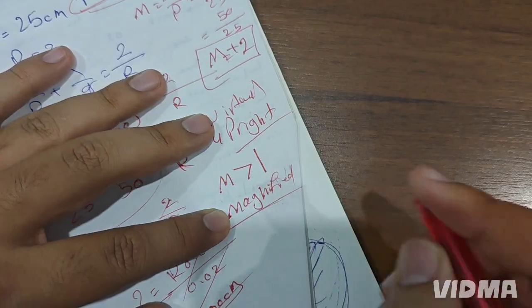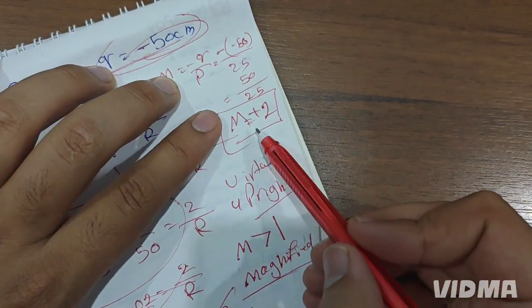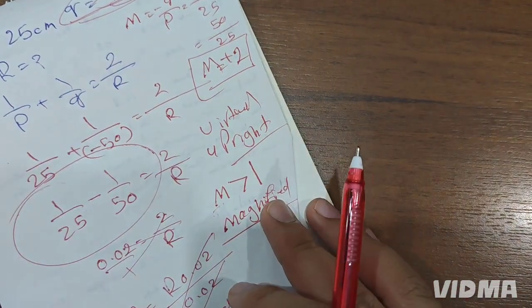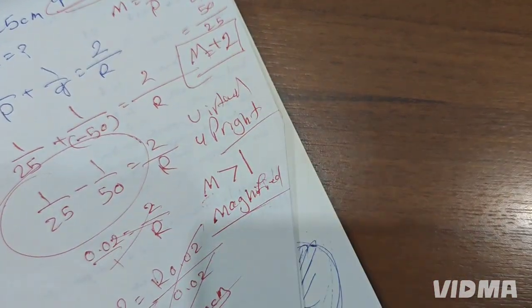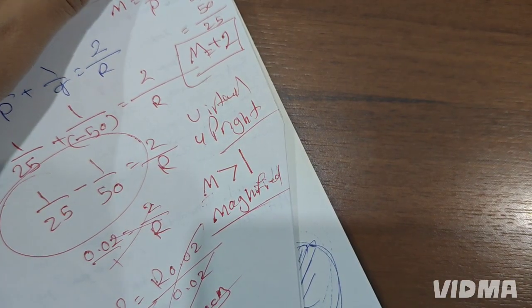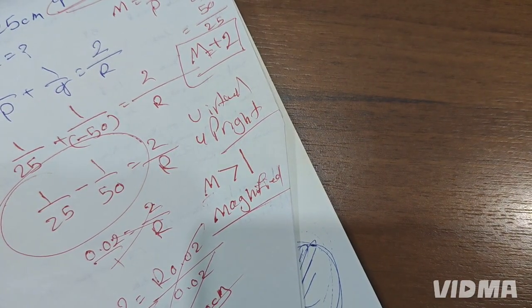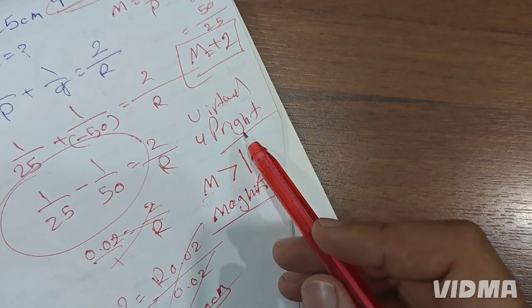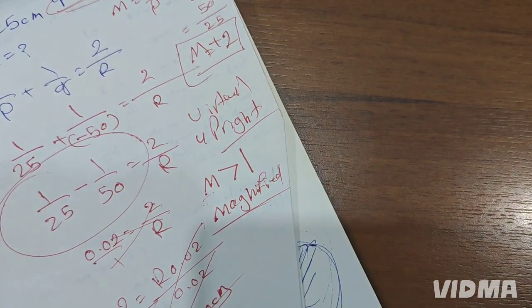Here, since we have 2, this is greater than 1, so the picture is magnified. So this one is upright and virtual. Why virtual? Because q is negative.